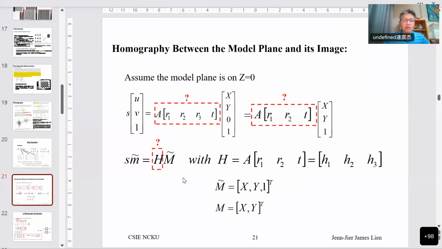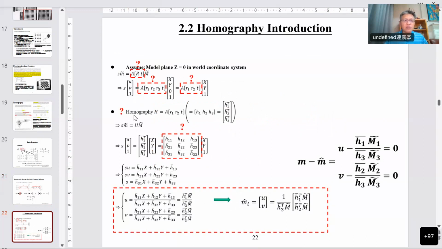So our matrix becomes this one, and this H is a homogeneous matrix. It includes A intrinsic and R1, R2, T extrinsic parameters. So H becomes H1, H2, H3. This one is 3 by 3 because each H is a vector. Our purpose is to try to solve H. Continue. So it becomes this one.